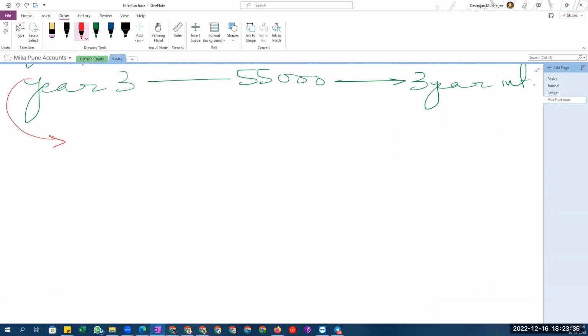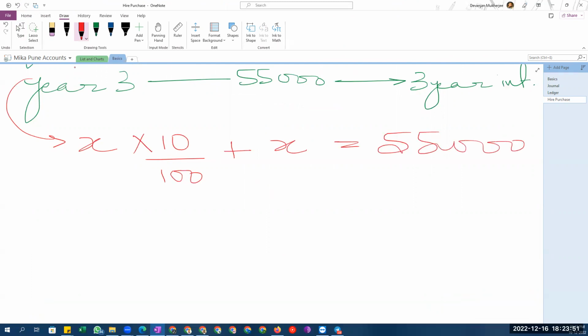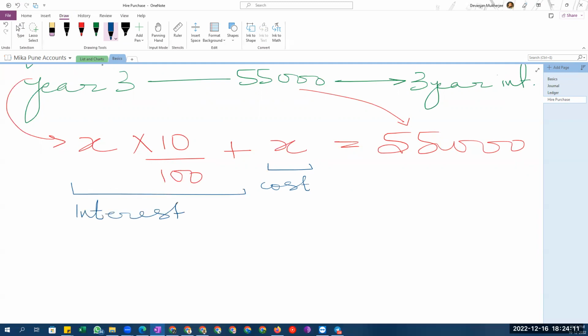So if this is the final installment payment, then we can assume that my cost price in that year was X, on which I calculated the 10% interest, and I added it to this X value, and I got 55,000. This installment value includes cost and interest, right? The cost is assumed as X, the final remaining principal value, and this is the interest percentage.